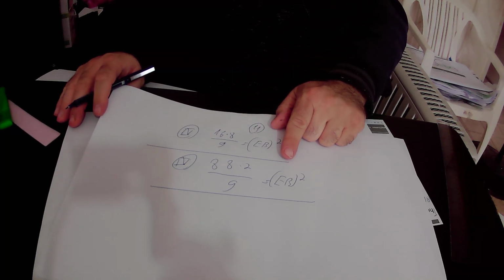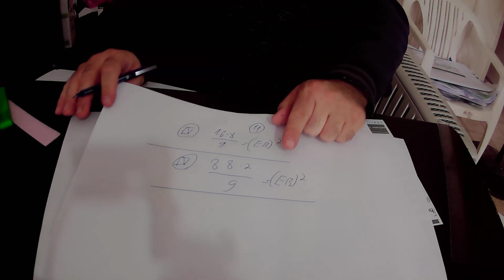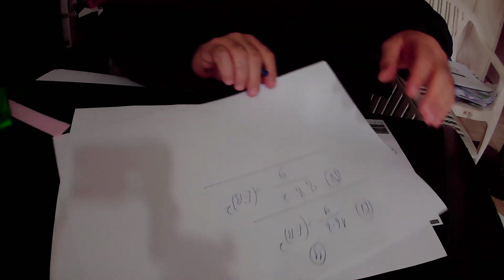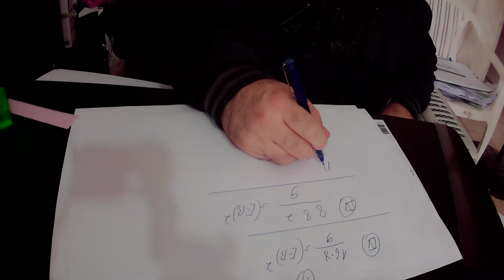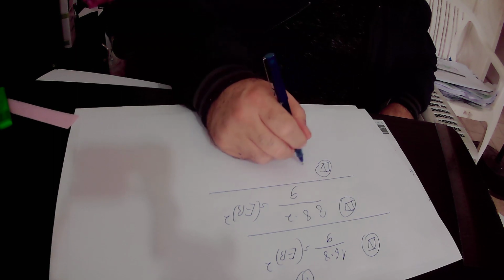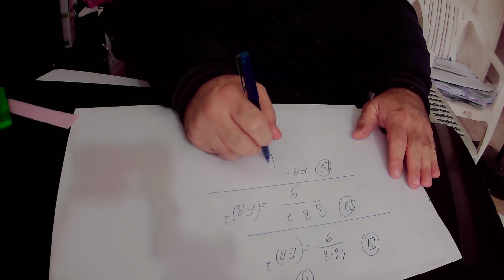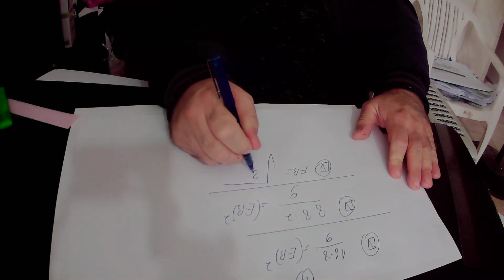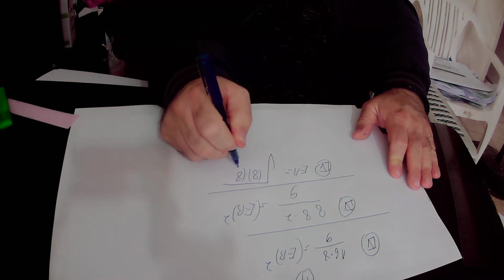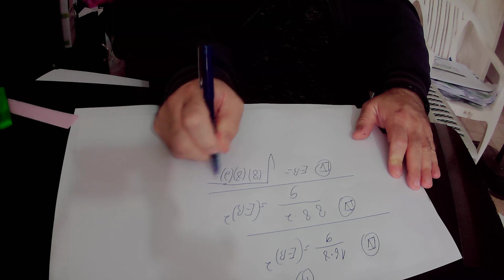We will take a root of equation number 4, and we will get that EB equals the square root of 8 times 8 times 2 over 9.